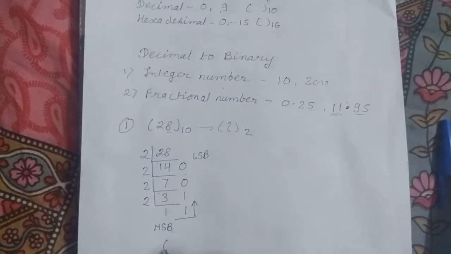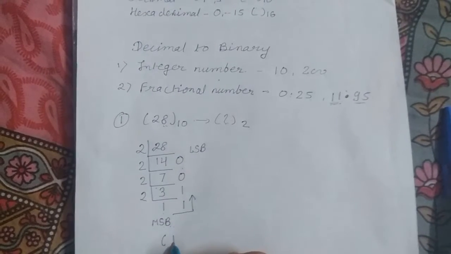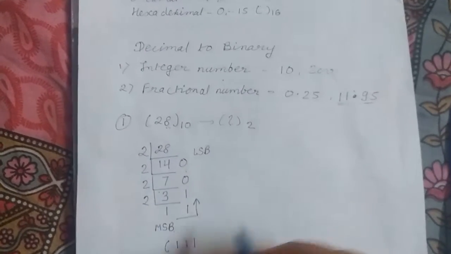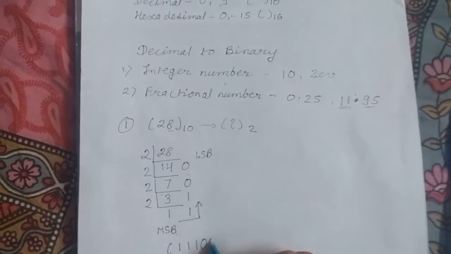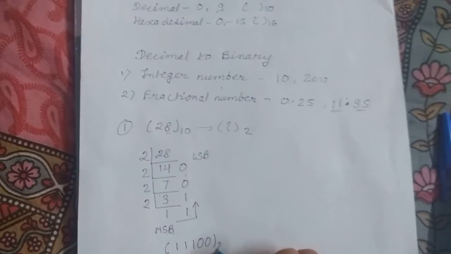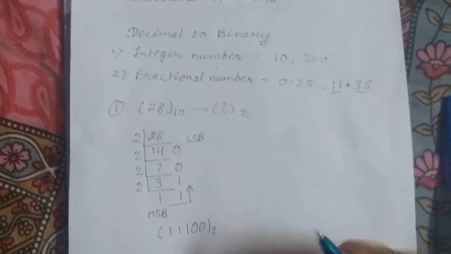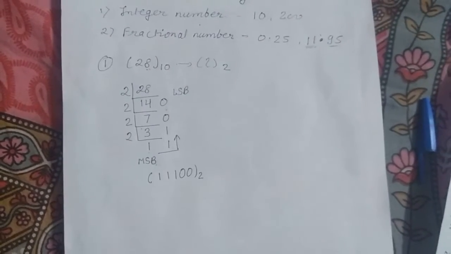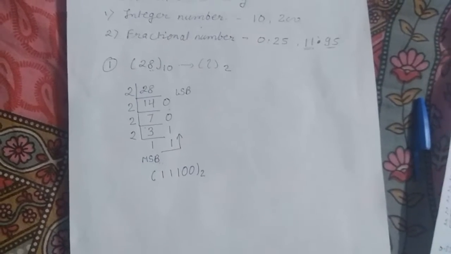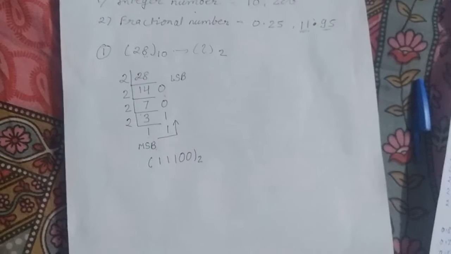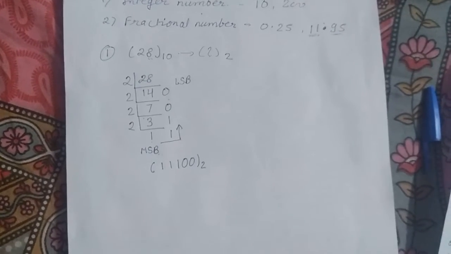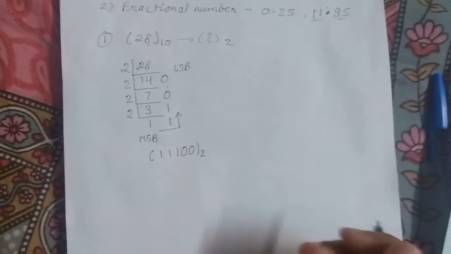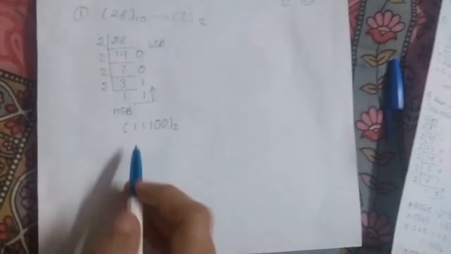Now we can write it: 1, 1, 1, 0, 0, with base 2. So this is the binary representation of decimal 28. If you want to cross-check it, you can use a calculator: just put the value 28 in decimal and press binary form. It will directly give you this result.